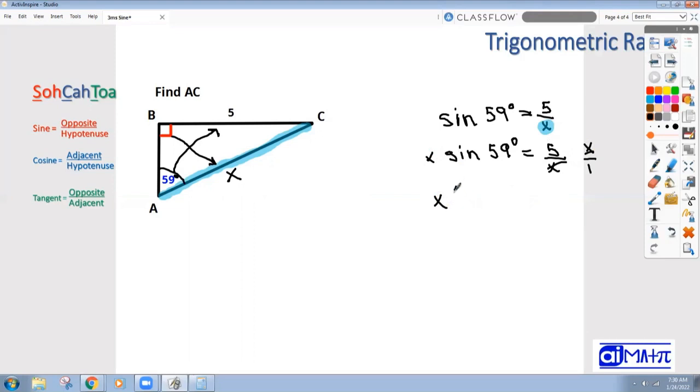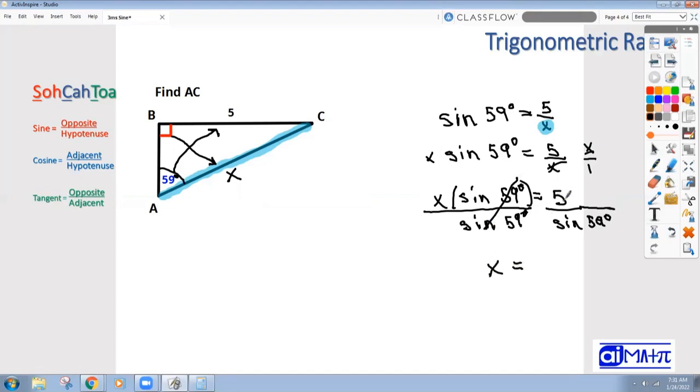So x times the sine of 59 is equal to 5. And of course, that means I would divide by the sine of 59 degrees. This cancels out, and I'm left with just the x.